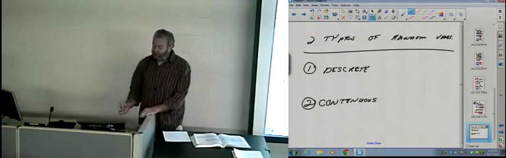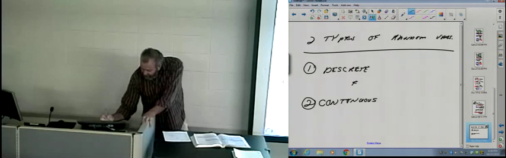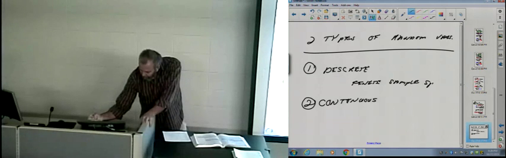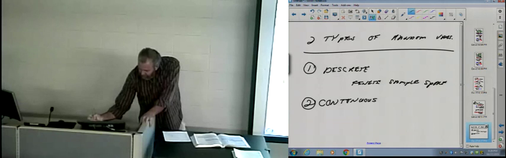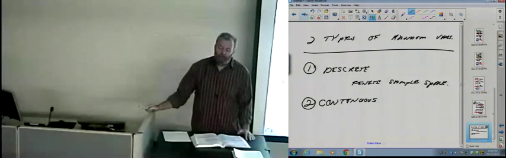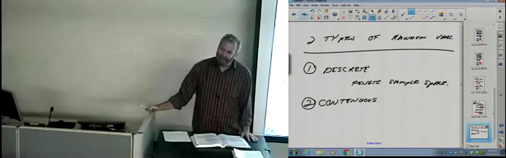How do I know it's discrete? In our case, you have a finite sample space. In other words, your random variable can only take on a finite number of values. You can write them down. There's a finite sample space there.